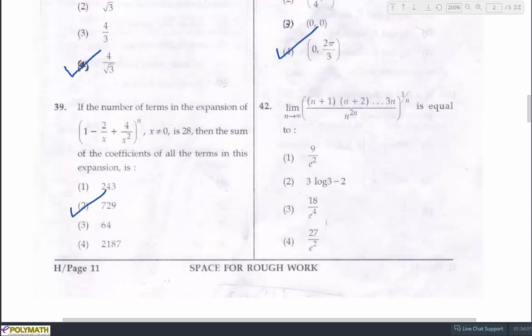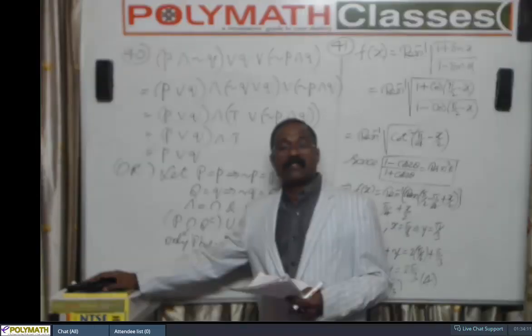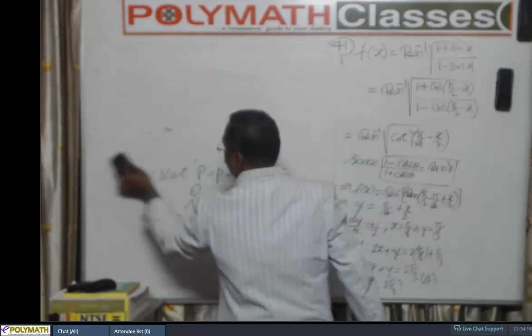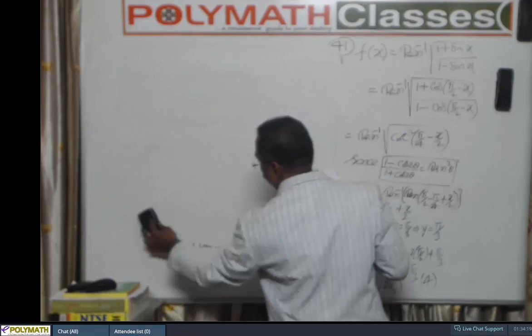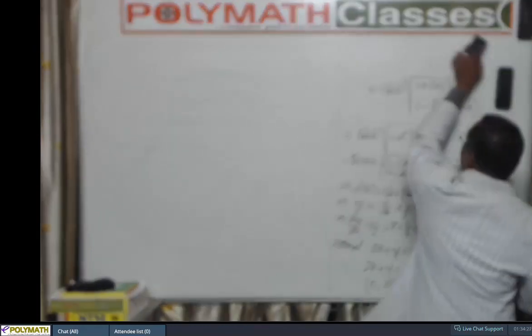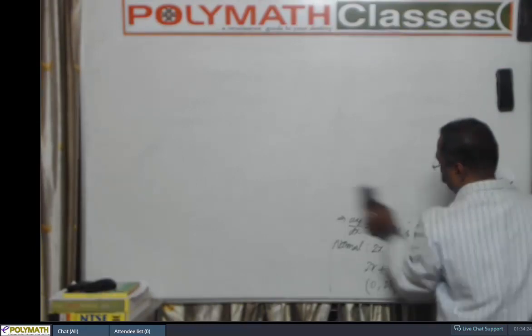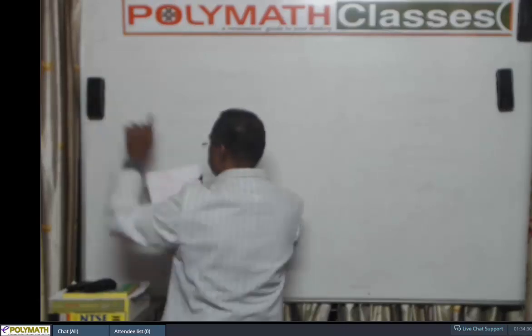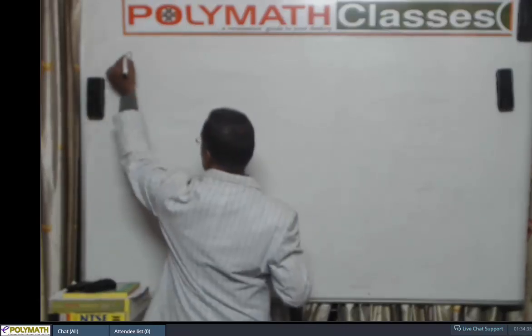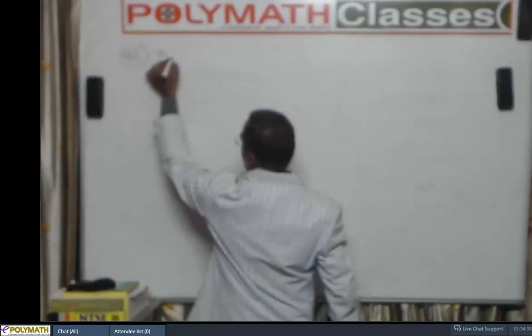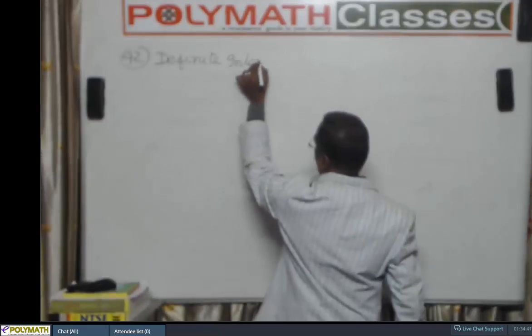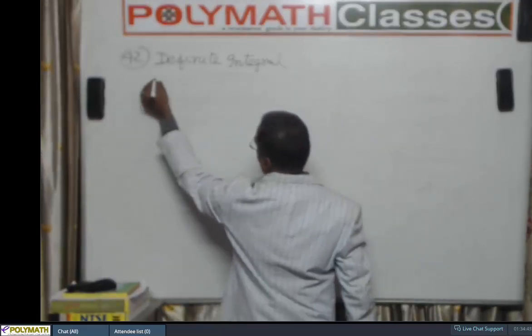So let us work out this and understand the formula which is related to limit as a sum. This is question 42. Definite integral as a limit of sum.